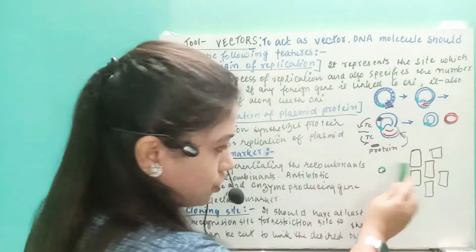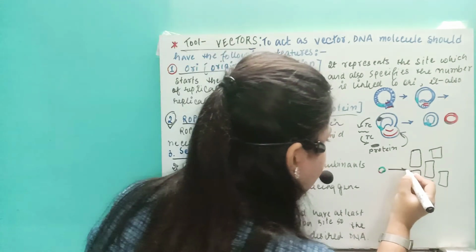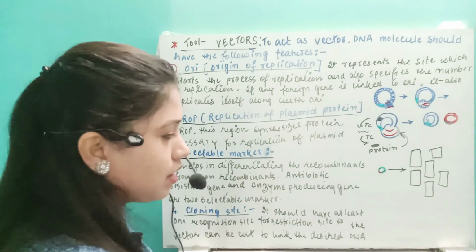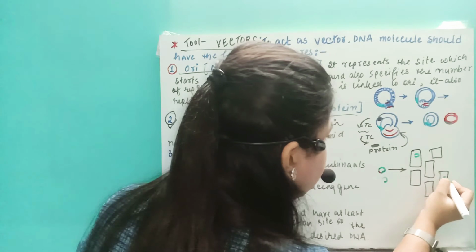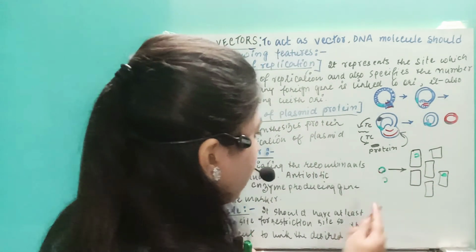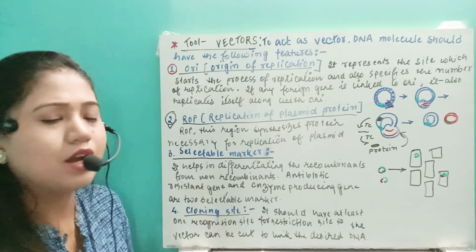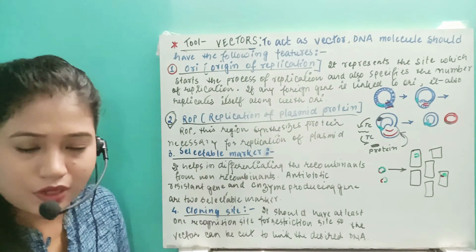What is that meaning? These are the hosts, right? Now we have introduced our rDNA into the host body. Some of the hosts will take it, some will not. Suppose these two hosts have taken our gene of interest. Some of the other hosts, some of the other bacteria, are growing randomly, or they are not taking the gene of interest.